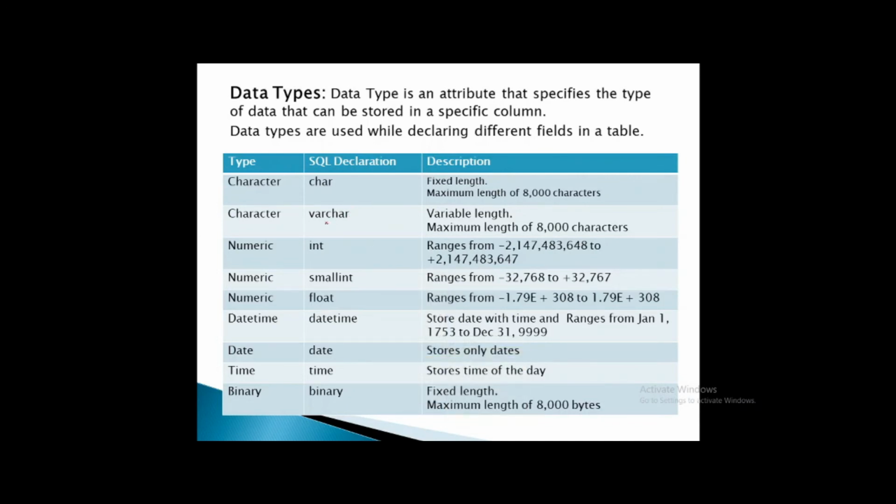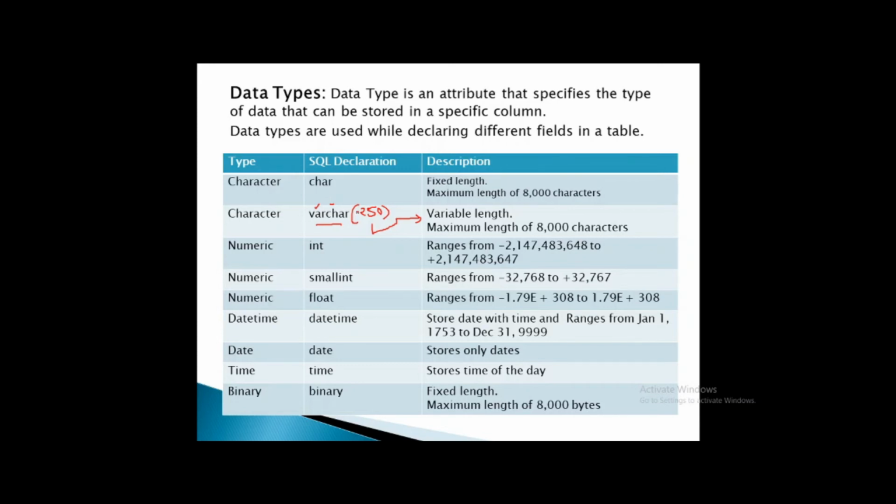So to overcome that problem, we have this type which is called varchar. Now what is varchar? Varchar means variable character. That means if you are defining it as 250, it is not going to take exactly 250, but if something comes in which is more than 250, then it is going to automatically extend it. It will be defined as 250, but when something longer comes up, you need not change it explicitly.